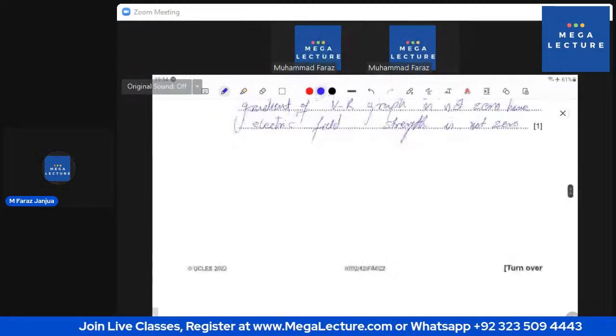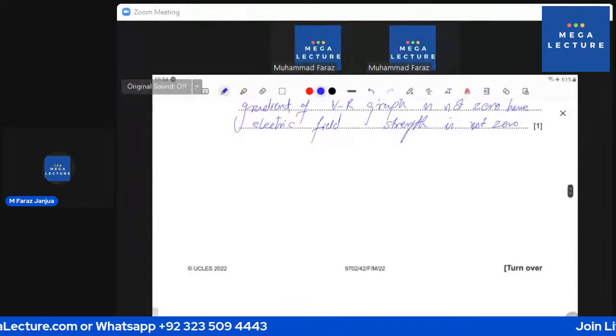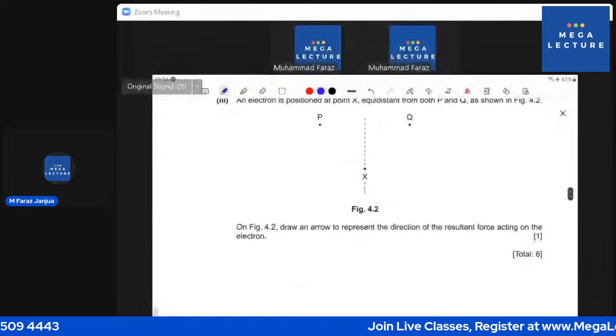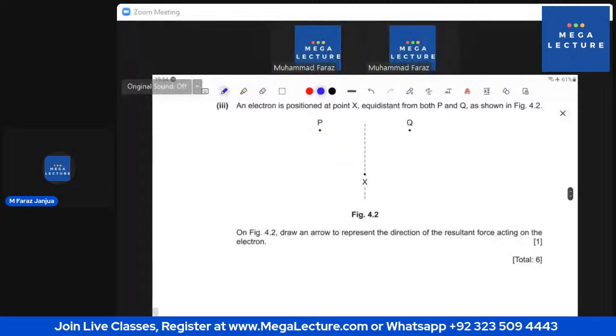An electron is positioned at x, equidistant from P and Q, as shown in the figure. Draw arrows to represent the direction of the resulting force acting on the electron. Remember, this is a positive charge, this is a negative charge.